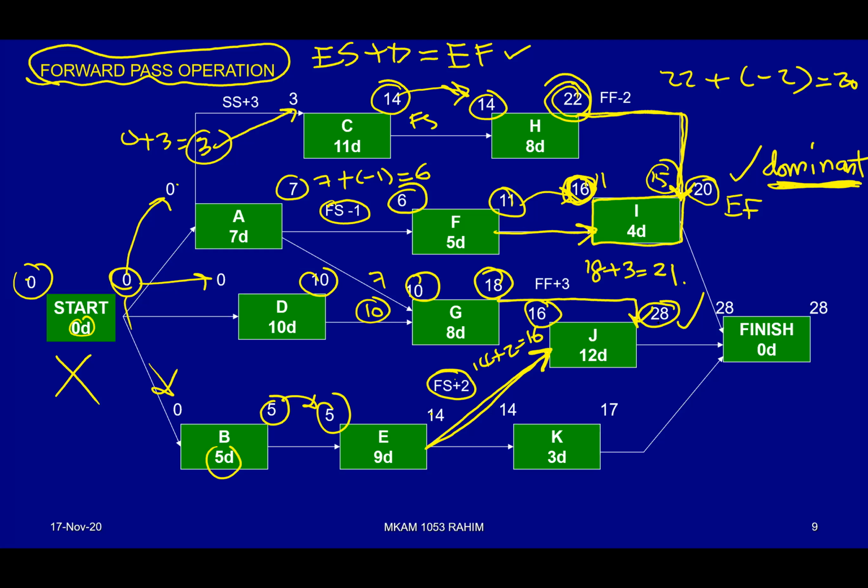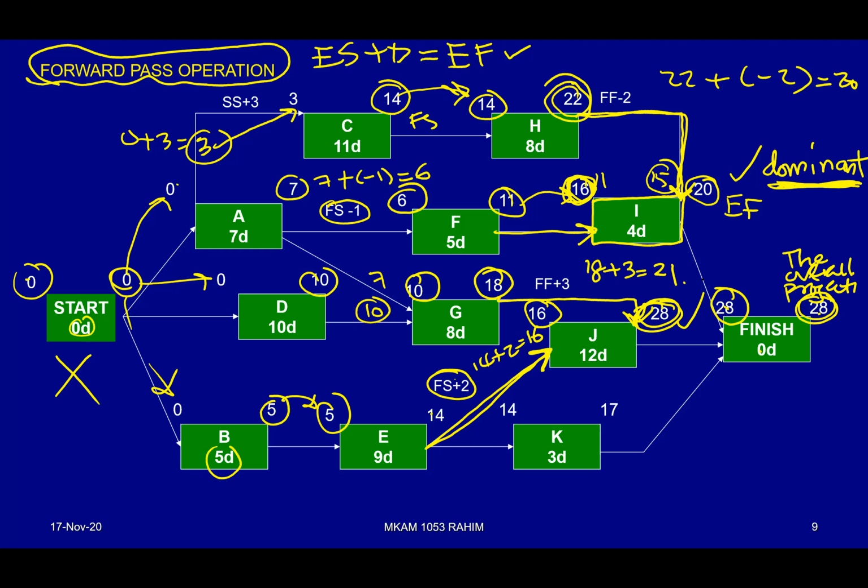So whatever the biggest value will be put inside the last box there, even though it is not necessary, but in order to complete the calculation, 28 plus 0 equivalent to 28. So this is the overall project duration, 28 days. Where does 28 days come from? Actually, it is coming from J. J is the last activity to complete.